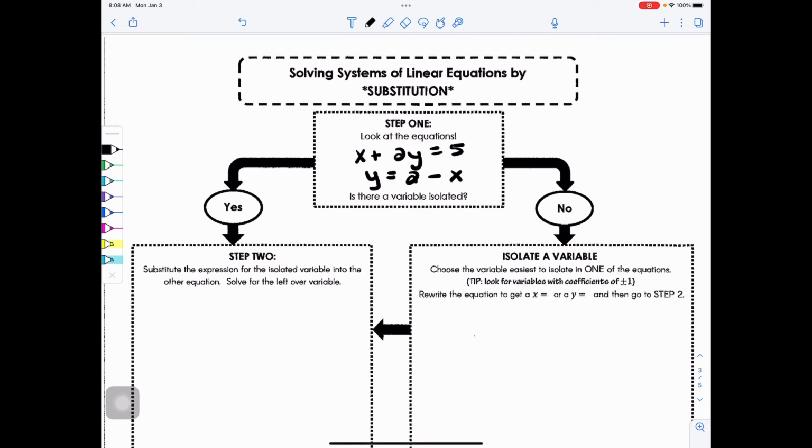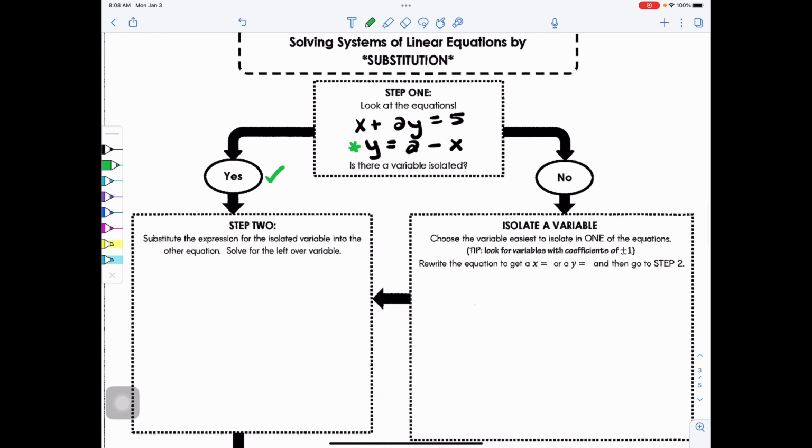For this one, we want to make sure we have at least one equation where one of the variables is isolated. When I look at this system, I see that we have this one right here that I'm starring in green, where y is totally by itself and isolated. So our answer to this is actually yes. We are all set to go.